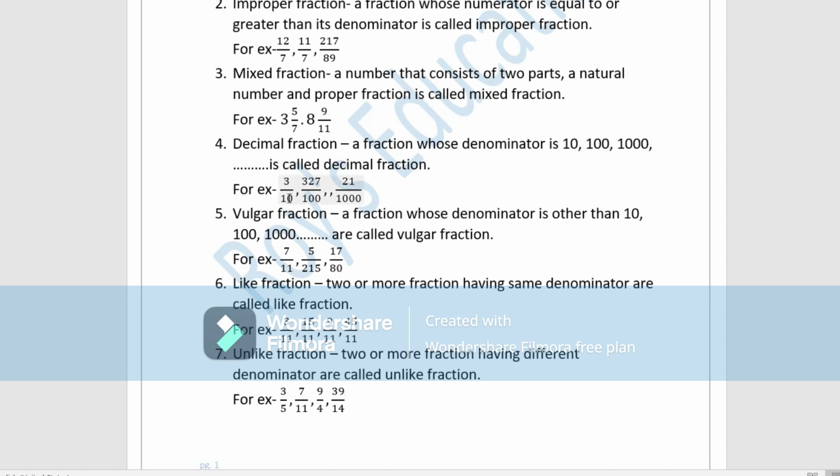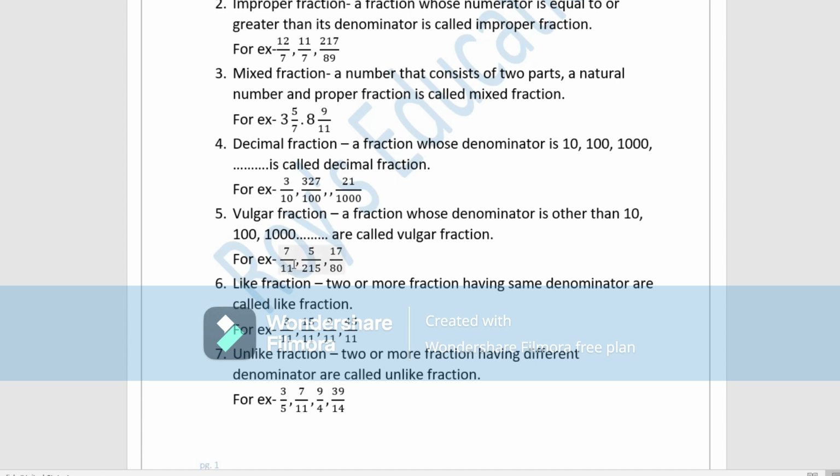If we write 3 by 11, it becomes a vulgar fraction. If we write 327 by 101, it becomes a vulgar fraction. If we write 21 by 1001, it is a vulgar fraction. So other than 10, 100 and 1000, whatever number you write in the denominator will be your vulgar fraction.